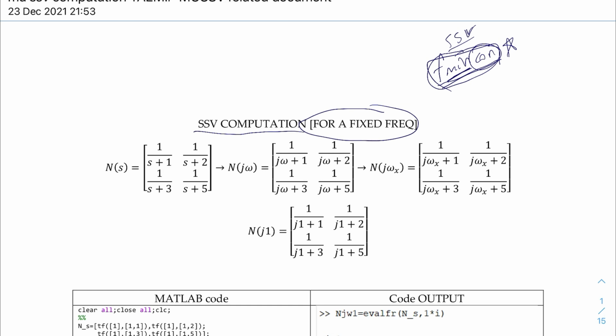Again, I'm aware that's a very vague definition.